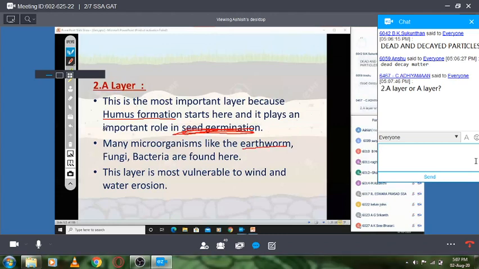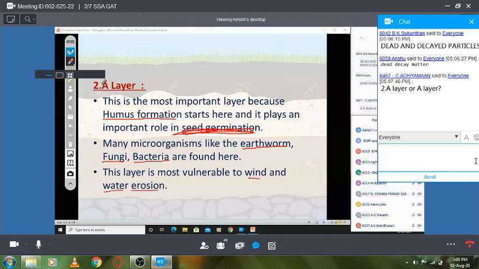This is the A layer, the 2A layer. Many microorganisms like earthworms, fungi, and bacteria are found here. This layer is most vulnerable to wind, water, and erosion.